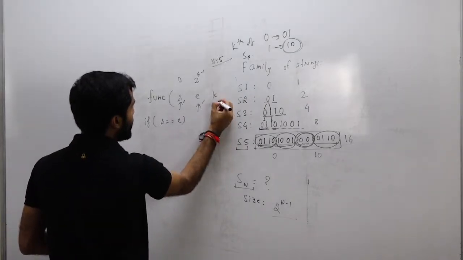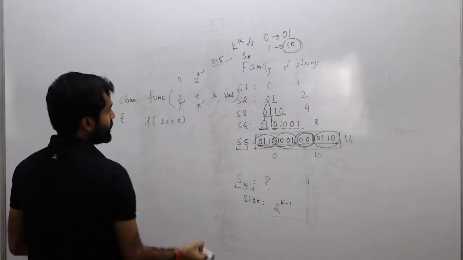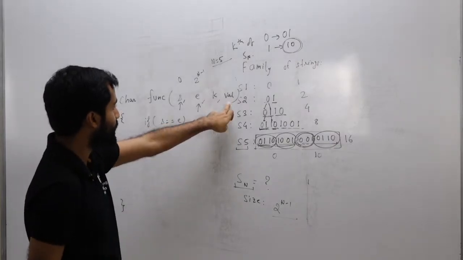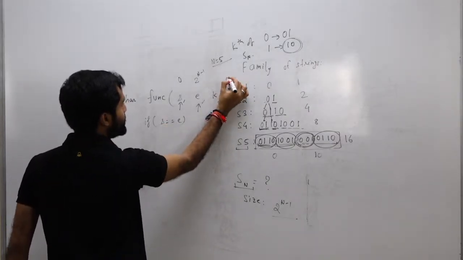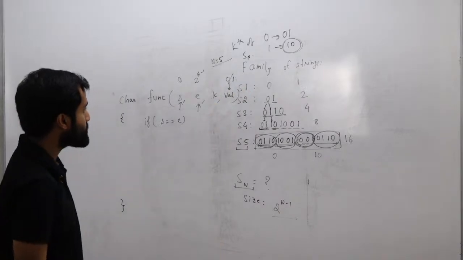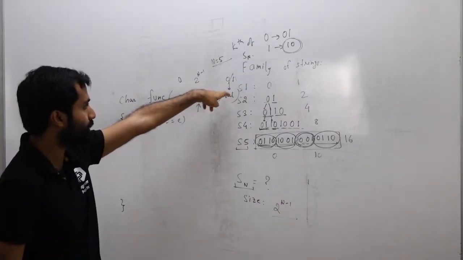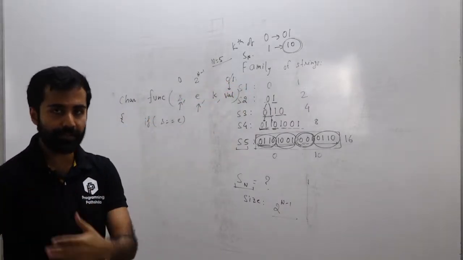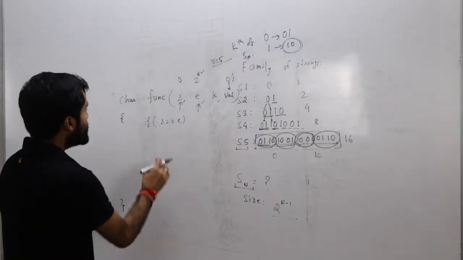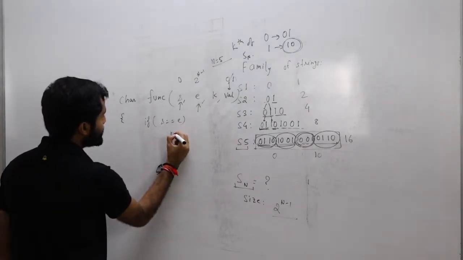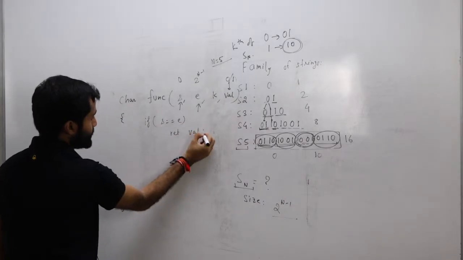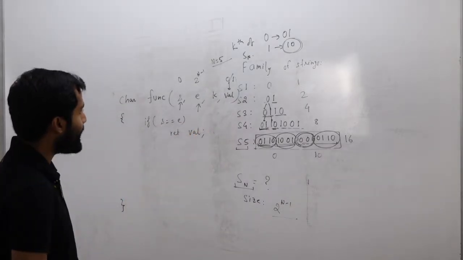So we can have a parameter val, which is either 0 or 1. It can be an integer also. You can just pass it as an integer and then probably typecast it. So the moment s and e are equal, we will simply return whatever is the value of val.